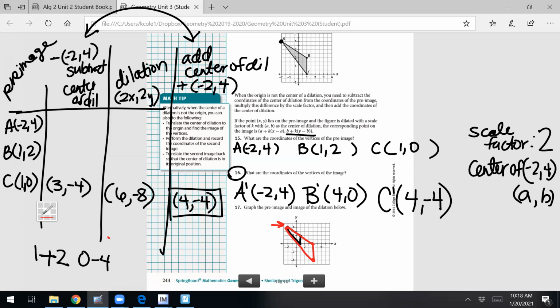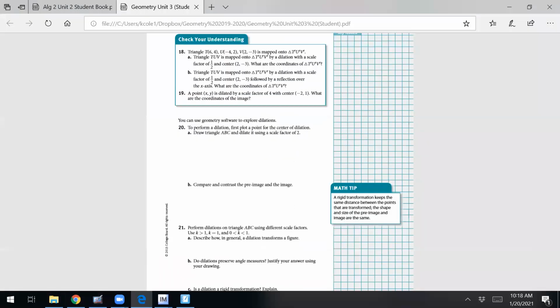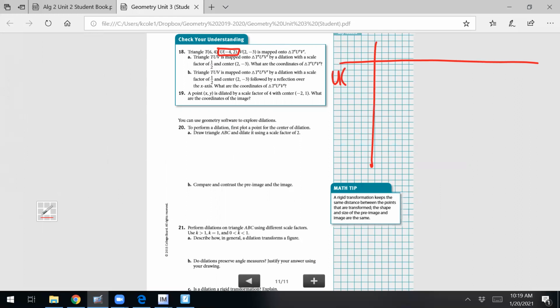You can either use the formula or you can use a table. You're just doing U. Y'all do this.